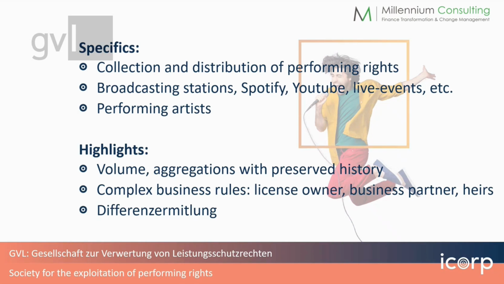And that information is also released over time. And it could mean that 6 months later, we still receive information about license rights of music or other artists that took place some time ago that still need to be paid out to the performing artist.